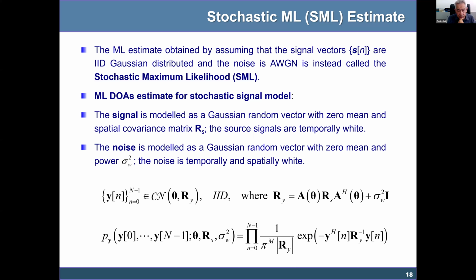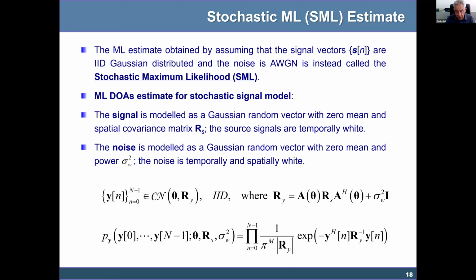If the noise is also modeled as a white Gaussian noise, it's very easy to write down the joint probability density function. Remember, if you want to derive the maximum likelihood estimator, first we have to derive the joint probability density function of all the data, and then we have to maximize the PDF with respect to the unknown parameters.